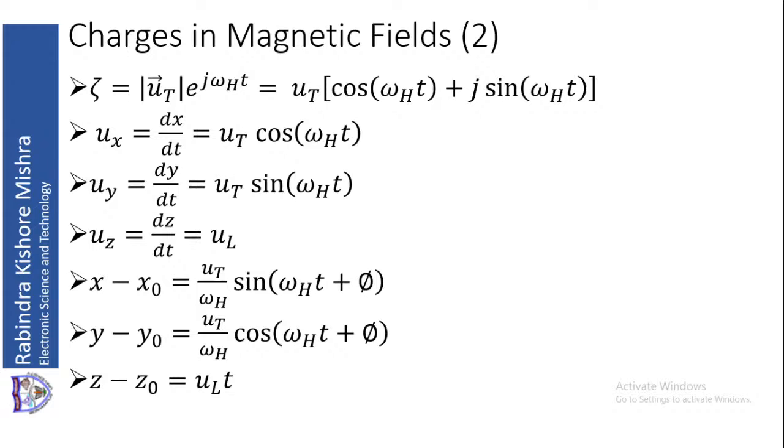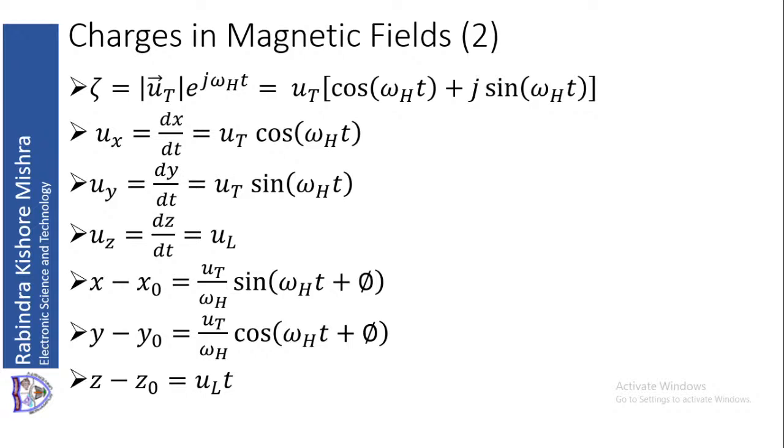You know x minus x0 square plus y minus y0 square is equal to r square is the equation for a circle. Therefore, these two equations give us a circle whose radius will be equal to ut by omega h. So ut by omega h is the radius of a circle for which the center is at x0, y0.